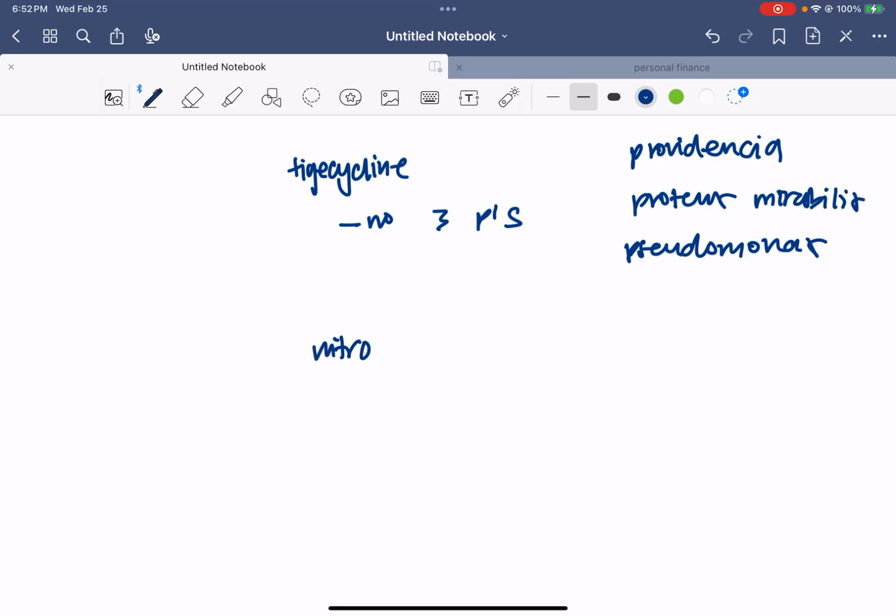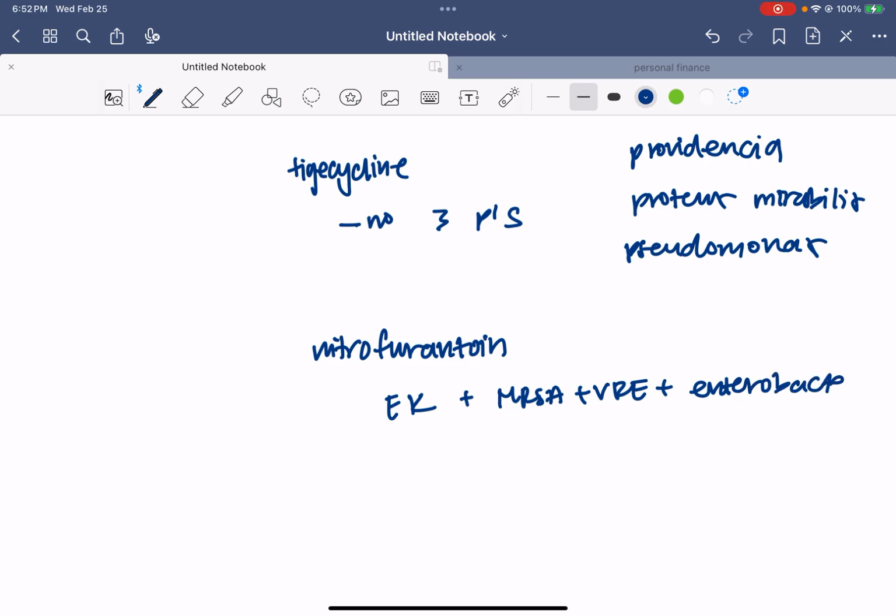Nitrofurantoin also doesn't cover the 3 Ps, but it does cover E. coli and Klebsiella, MRSA, VRE, and Enterobacter, but not the 3 Ps.